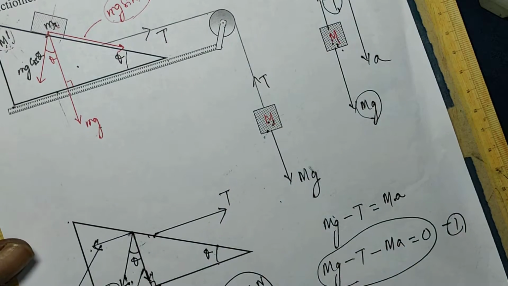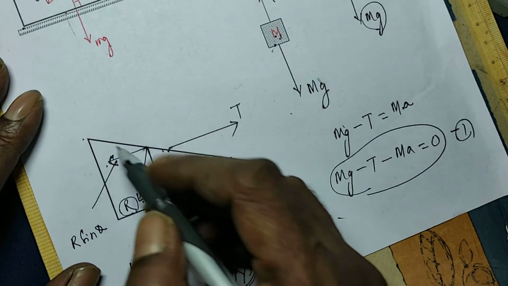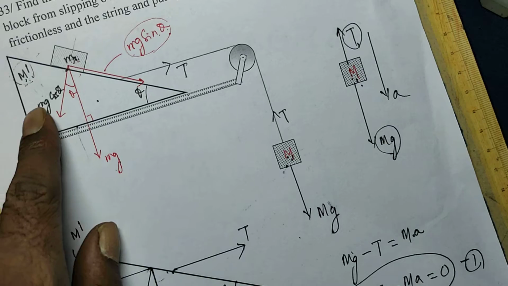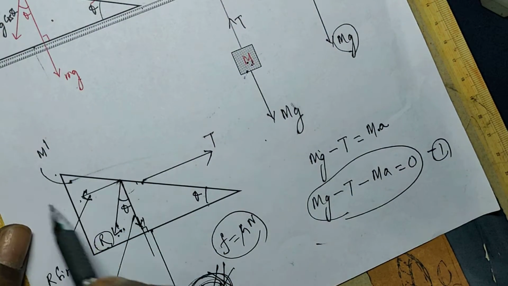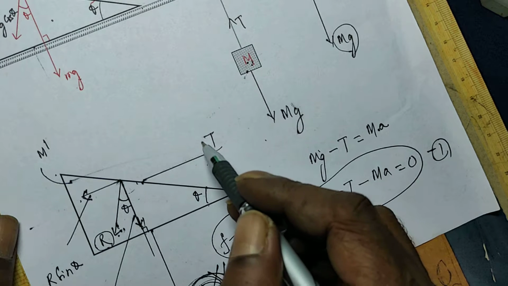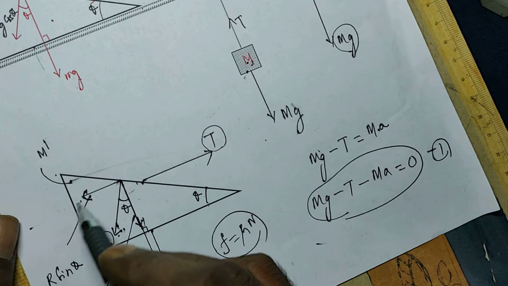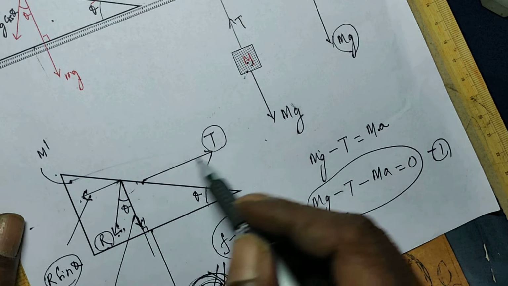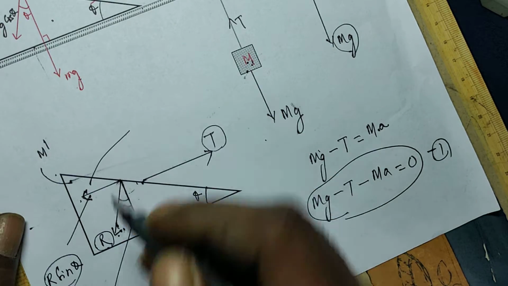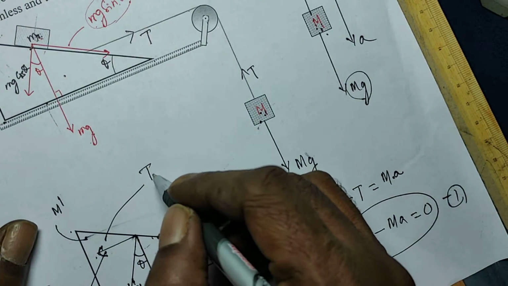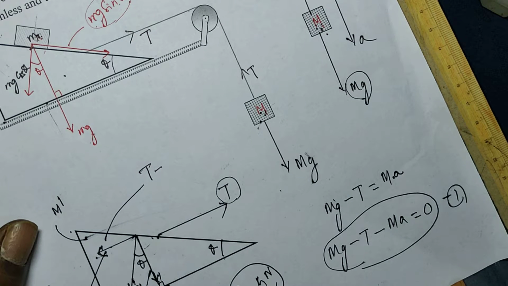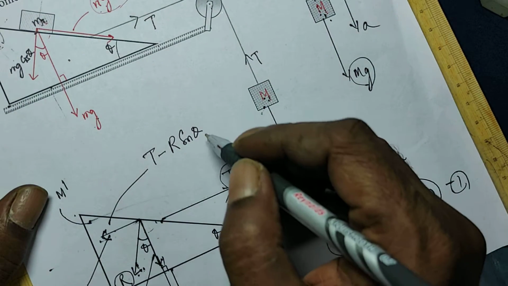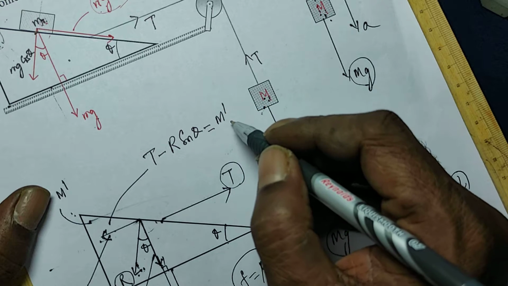Now if you look at this triangular wedge having mass m dash, and it is moving towards right, along this direction there are two forces. T is towards right, and that is being opposed by R sine theta, and no other force along the horizontal direction. So for this mass, the equation will be T minus R sine theta is the net force towards right, so that will be its mass times acceleration.